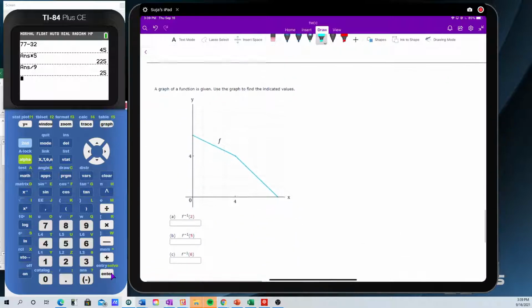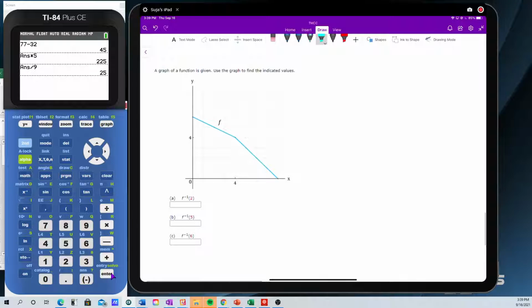The next problem is asking me to find the values from the graph of the function that is given. They want us to find the inverse function.